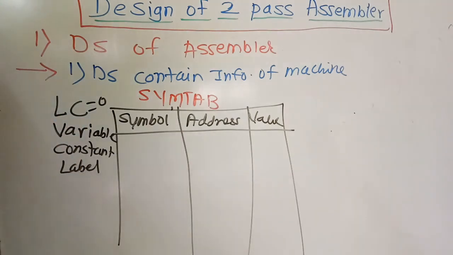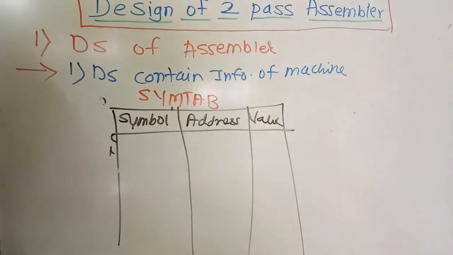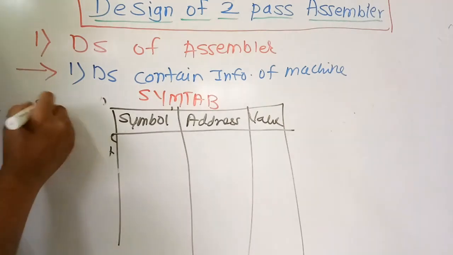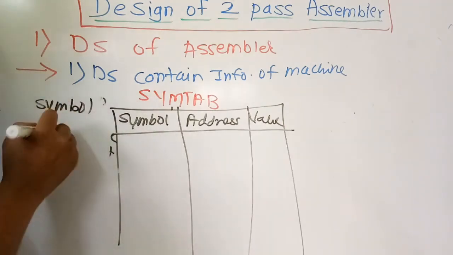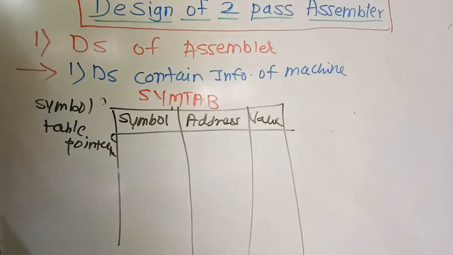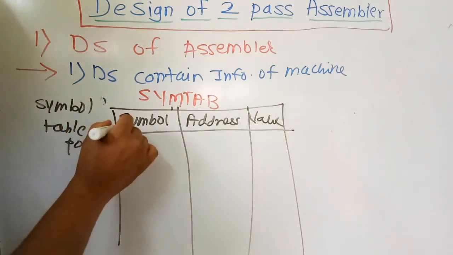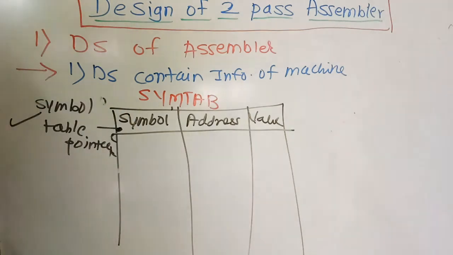For accessing this symbol table, one pointer is maintained, and that is nothing but the symbol table pointer. What is a symbol table pointer? It is a pointer of the symbol table used to keep track of entries of a symbol table. Means from where to start will be decided by this pointer.